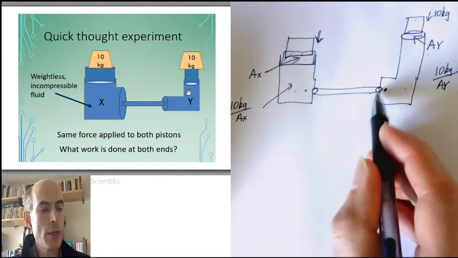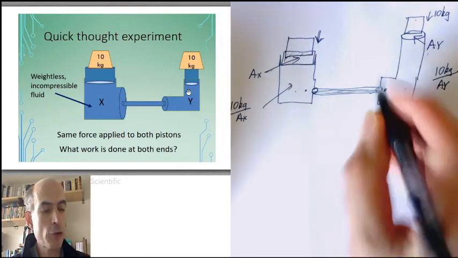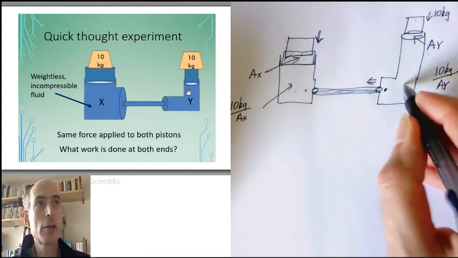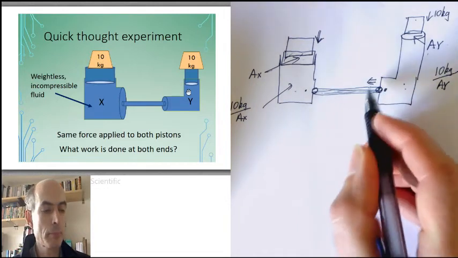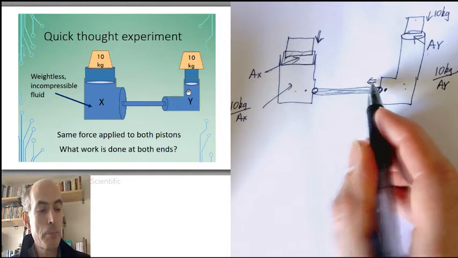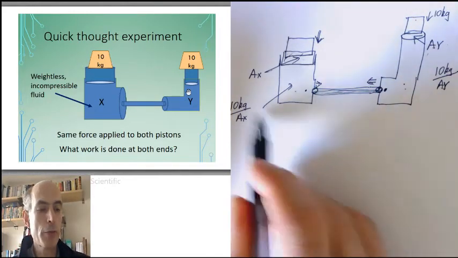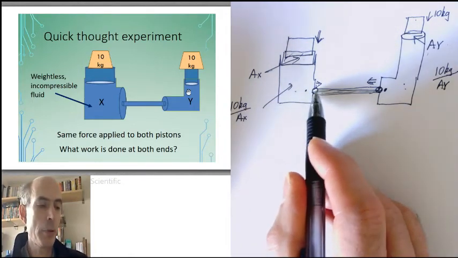So the fluid in the pipe is experiencing a force in this direction caused by the pressure here multiplied by the cross-sectional area of the pipe. Force here is bigger than the force going in this direction caused by this lower pressure multiplied by the cross-sectional area of the pipe.